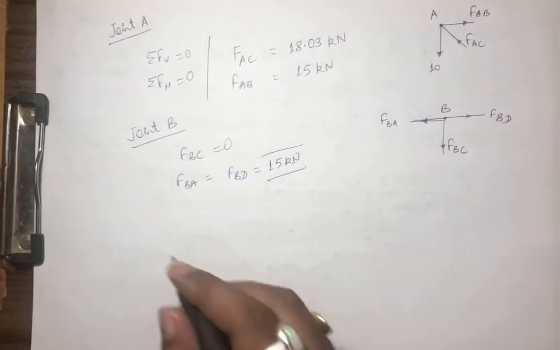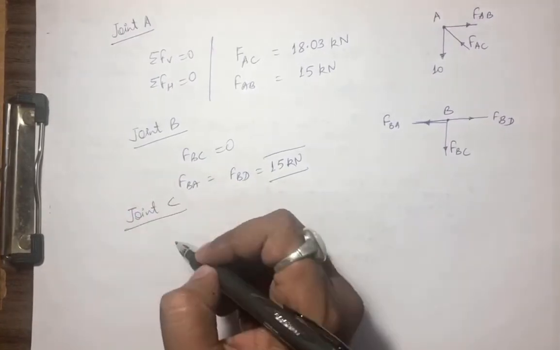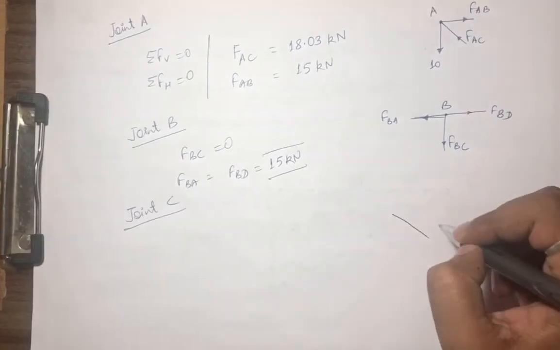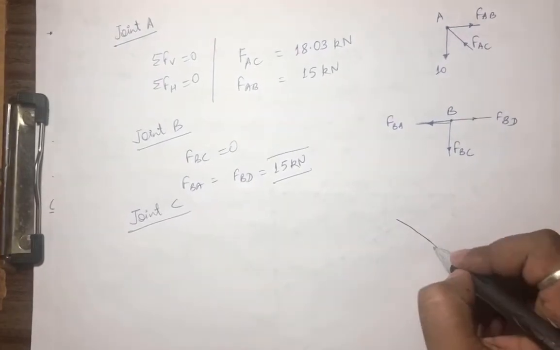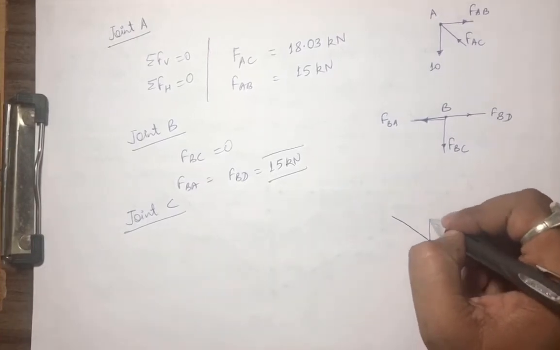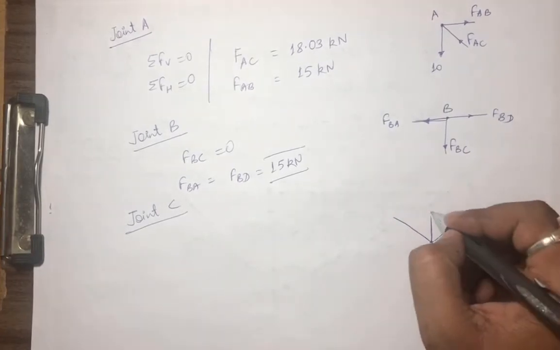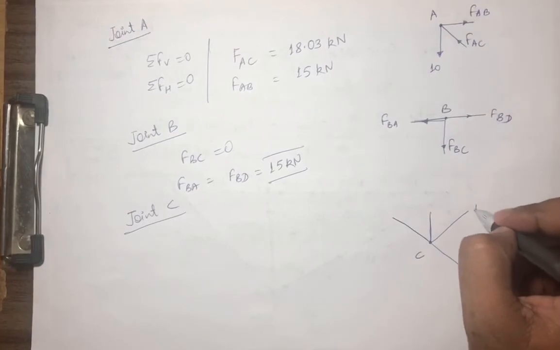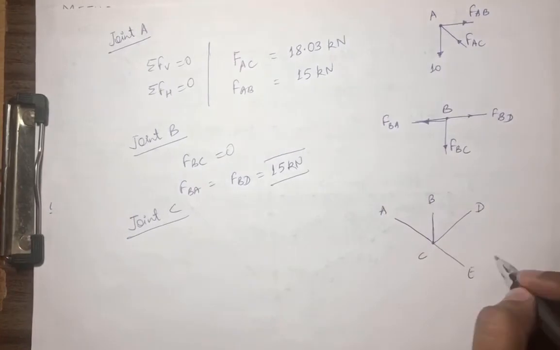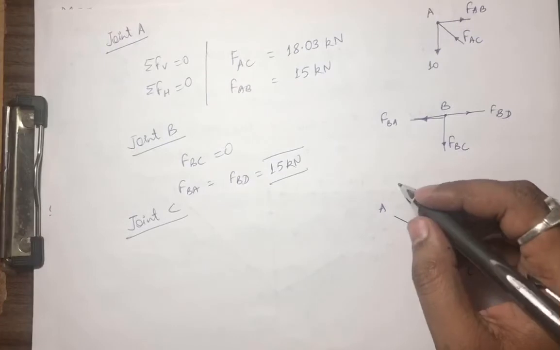Clear? Now solve for joint C. So joint C is something like this. Here is joint number C, and this is D, this is B, this is A, and this is E. So this is 0 force, no force is there.